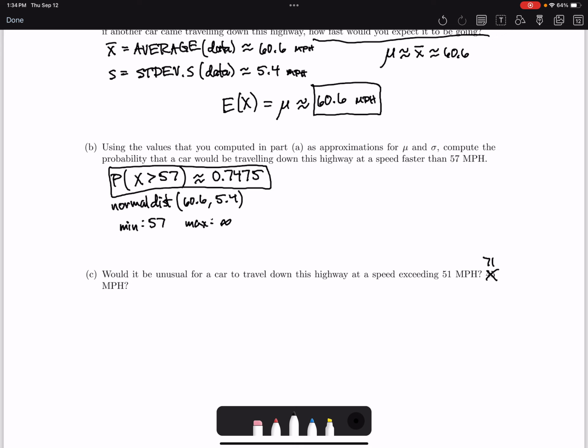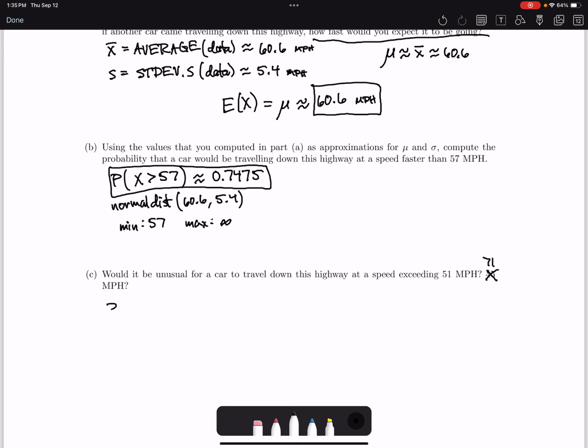So, would it be unusual for a car to travel down this highway at a speed exceeding 51 miles per hour? Or what about 71 miles per hour? Well, let's see. So, my strategy for answering the question is that I want to compute the probability that the speed is more than 51 or more than 71. And if those probabilities are less than 5%, then I'll say that, yeah, that's unusual, okay?